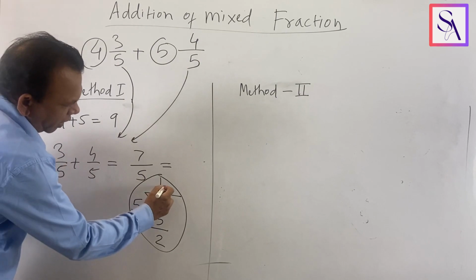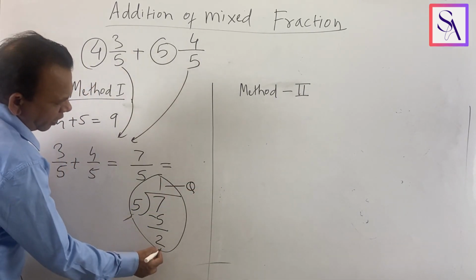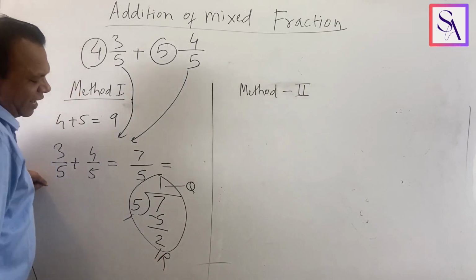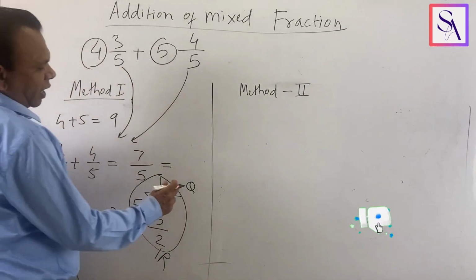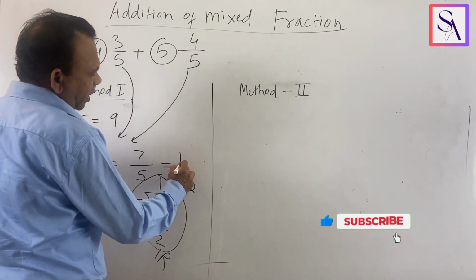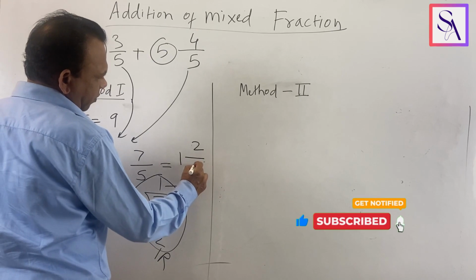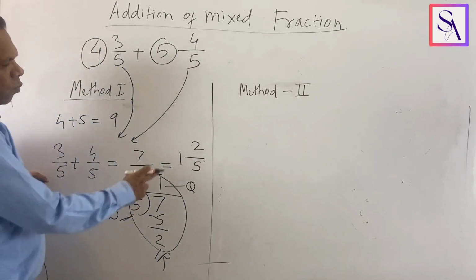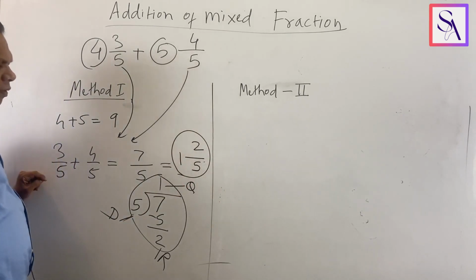Here queen is 1, this is the queen. Remainder is this riding, and donkey is 5, the divisor. So queen riding upon donkey. I write queen, riding means 2, donkey means 5. So 1 2 by 5 is our answer, right?